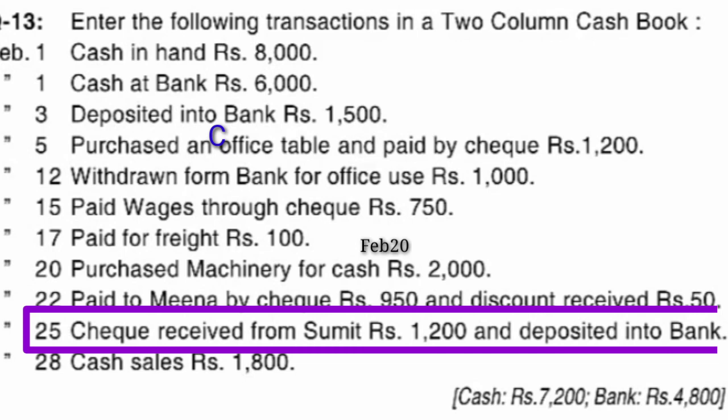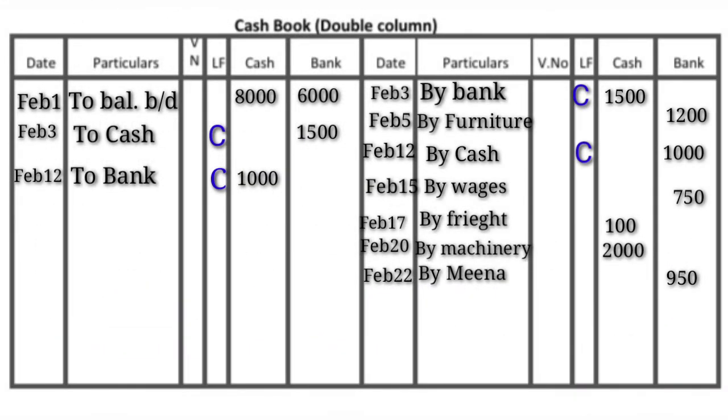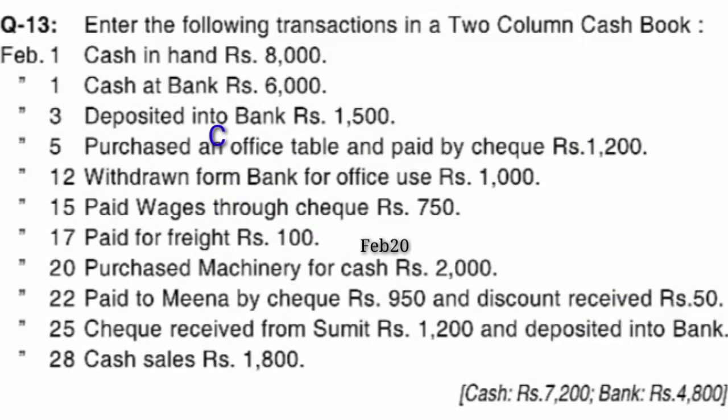When bank balance increases, we will debit. So in debit side of bank column 1200 and date column Feb 25th. Particulars to Sumit.